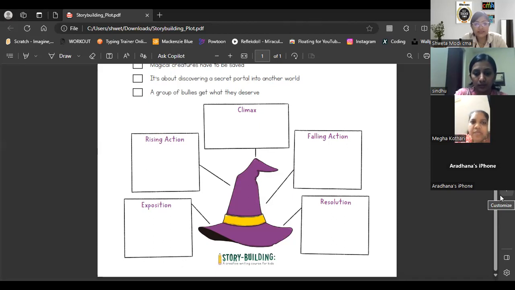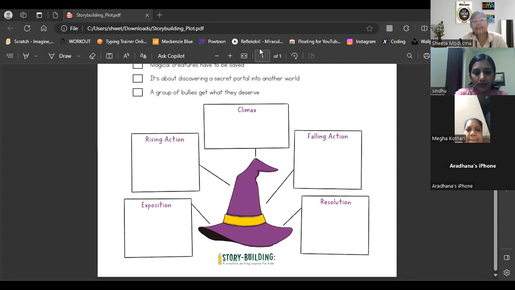Then comes the rising action, which is events that make the story more exciting. In the exposition part, you tell your students about the characters, about the setting. The children can feel it when you talk about the place, the smell, the sound, what is good about that place.